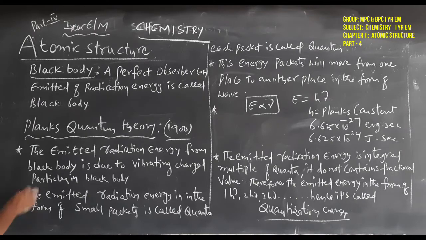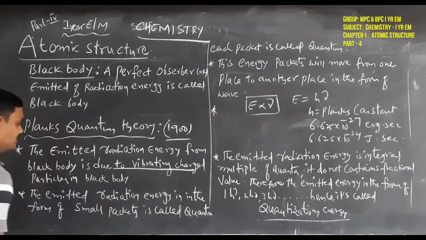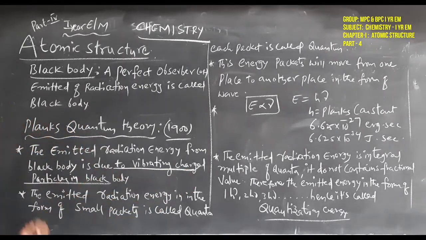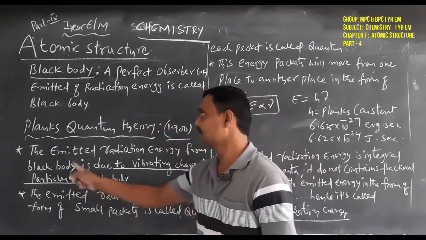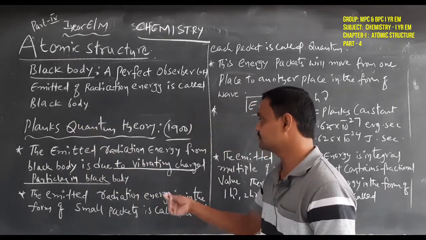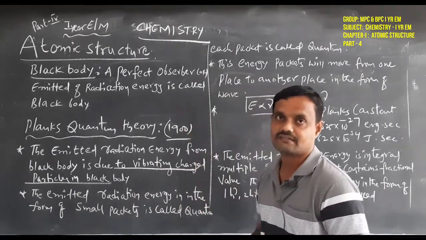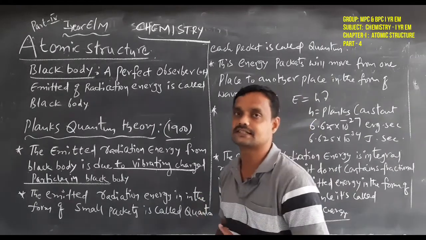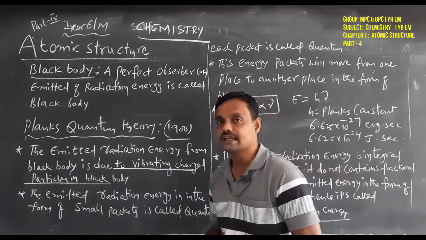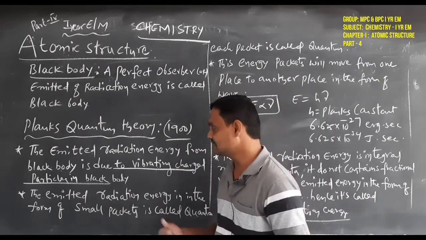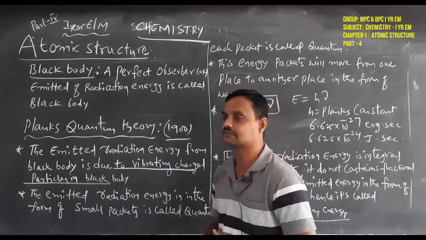The first one: the radiation energy emitted from a black body is due to the vibrating charged particles present in the black body. You can say the emitted radiation energy from the black material is due to the vibrating charged particles present in it. Why? Because Max Planck assumed in his quantum theory that the black material has vibrating charged particles. So this is the first assumption in Planck's quantum theory.